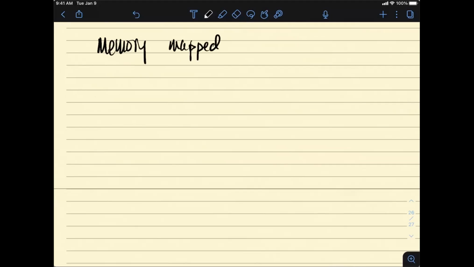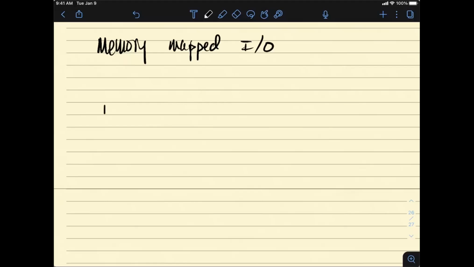So memory mapped IO. Okay, so in the beginning, let's take the earliest Intel microprocessors, for example. They had special instructions to read and write hardware devices.